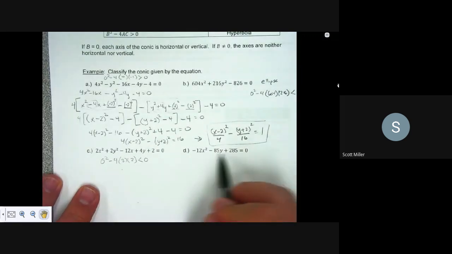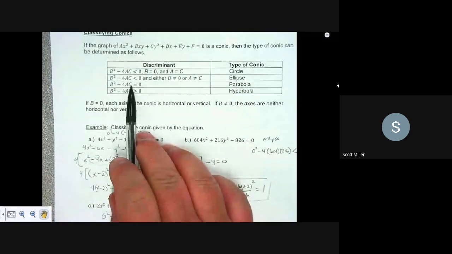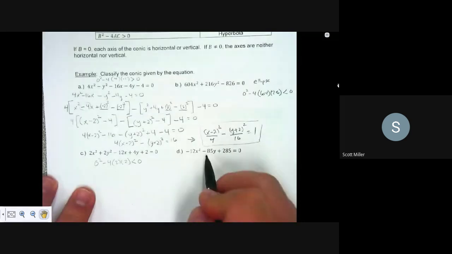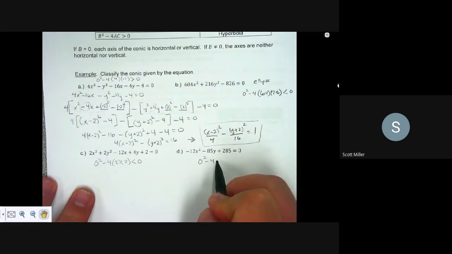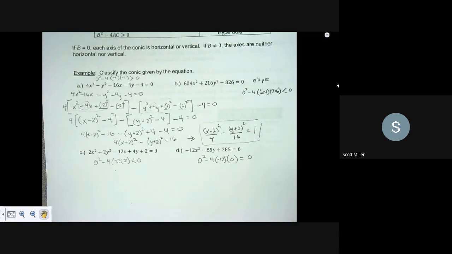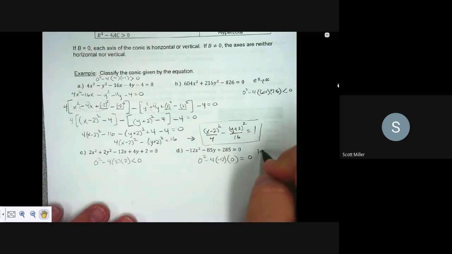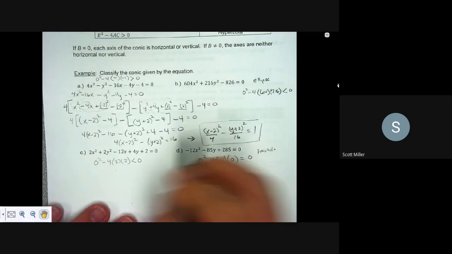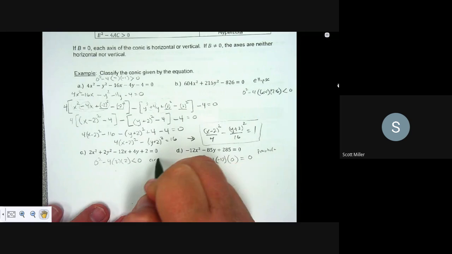And then this one here, there's only 1 squared. If there's only 1 square, there's only one choice it's going to be, and it's going to be a parabola. But you can confirm it here, there's no b, so it'll be that minus 4a and c, there is no c, so this is equal to 0. So that's why it's a parabola. This over here is a circle. That was an ellipse, and this was a hyperbola.